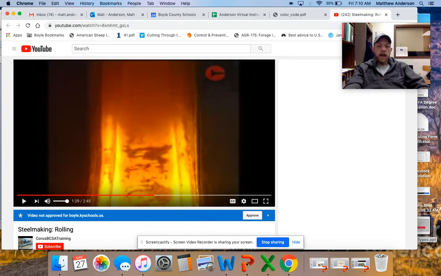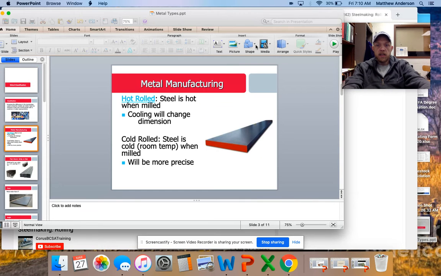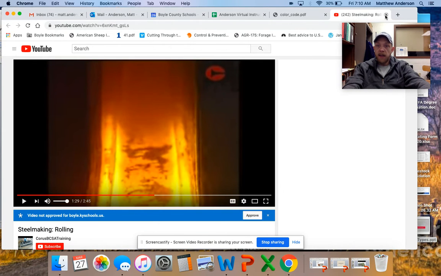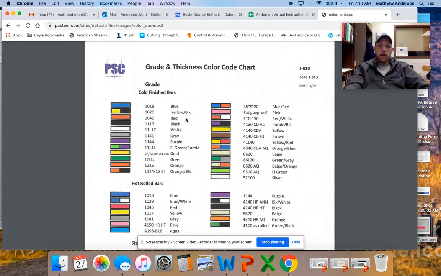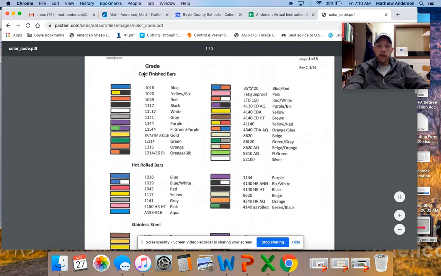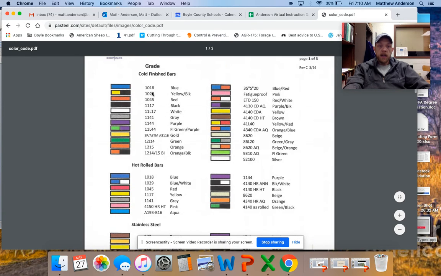One thing that we talk about metals, I was always taught that if it's red, it's hot because that's the color, and if it's green, it's cold. And I tried to find some truth to that this morning, and I could not. In fact, it's actually just a coating. So this color code chart that comes from a steel mill, they've got red here, and they give it a code finish, and that's a cold rolled product.